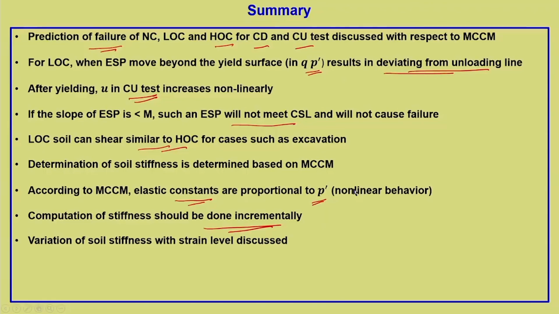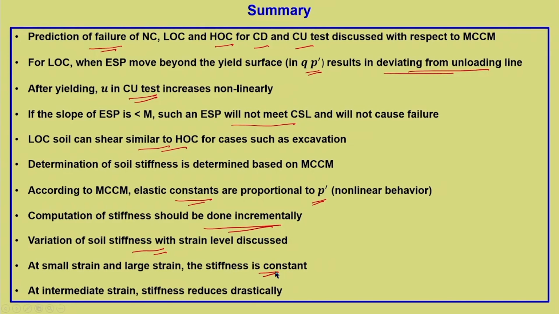For the range of p dash, it will be different. Variation of soil stiffness with strain level was discussed. At small strain and large strain, the stiffness approaches a constant value. At intermediate strain, stiffness reduces drastically.